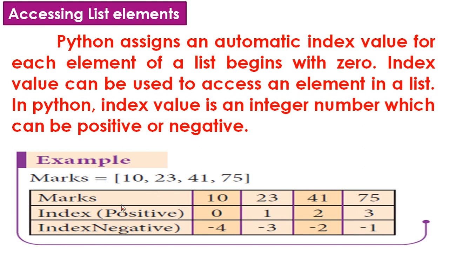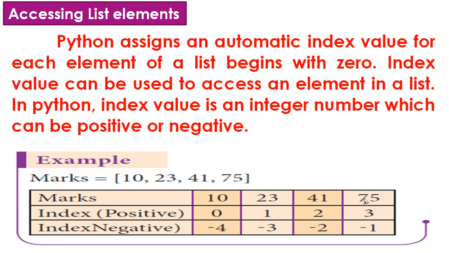That is, this is indexed by positive index or negative index. Positive index starts with 0 to 3. Negative index is in the reverse order, -1 to -4. Here marks of 0 is equal to 10. It can also be identified as marks of -4, also equal to 10.